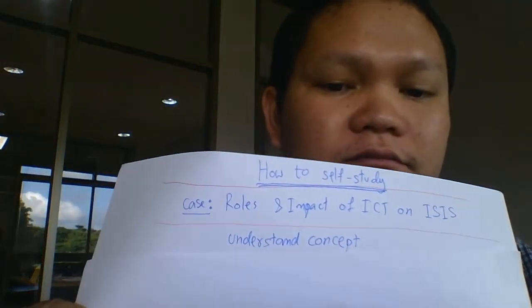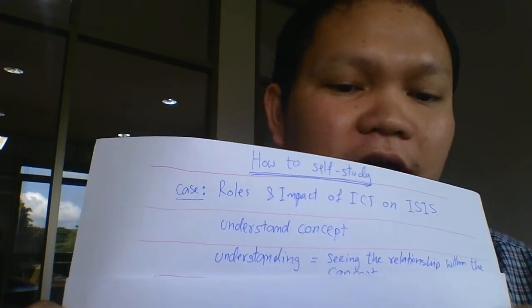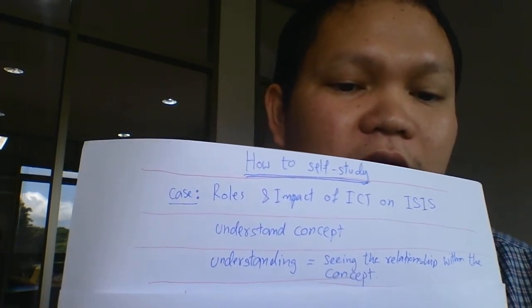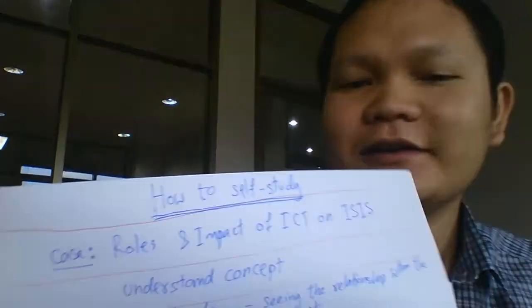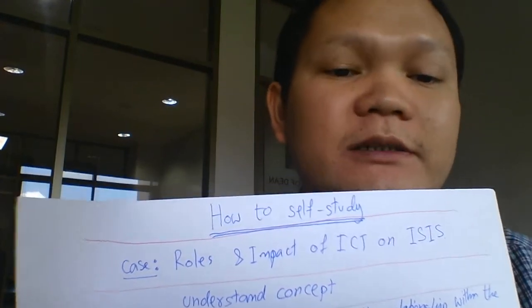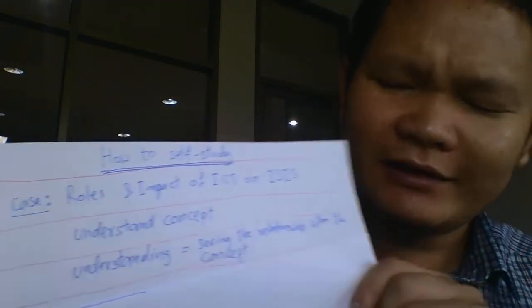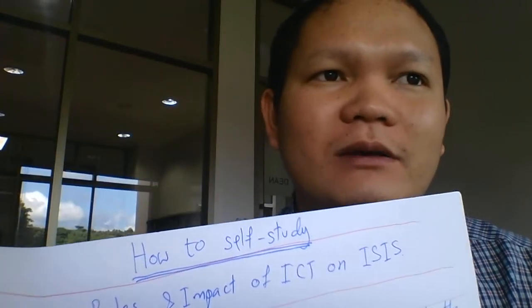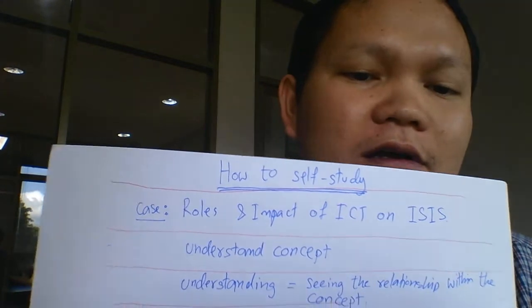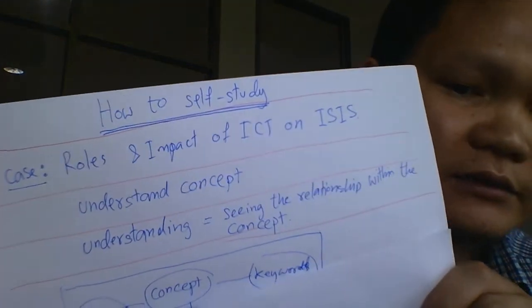So you have to understand the concept, and understanding means to see the relationship within the concept, because one concept is composed of different sub concepts. That's what we need to understand.